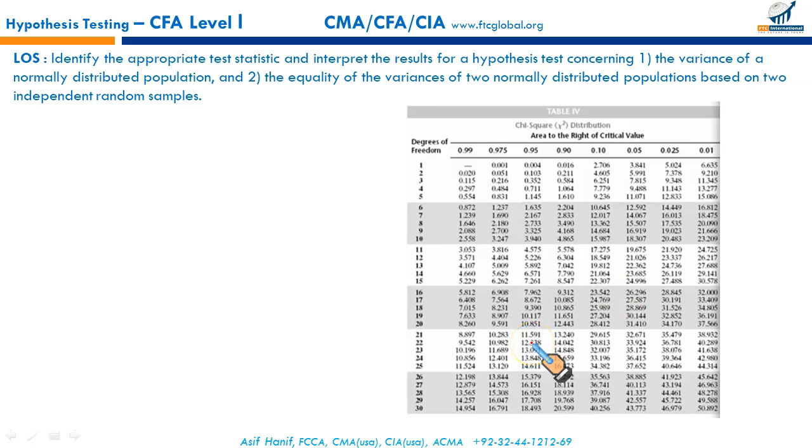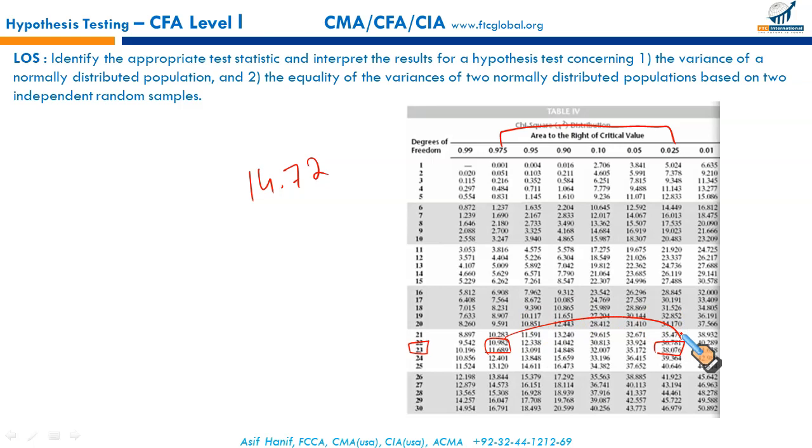Consulting the chi-square table, the test statistic that we calculated previously, 14.72, lies between the lower value at 97.5%, 11.689, and the upper value at 2.5%, 38.076.